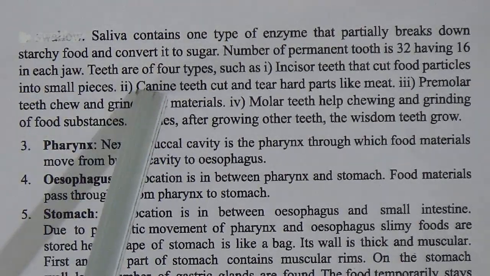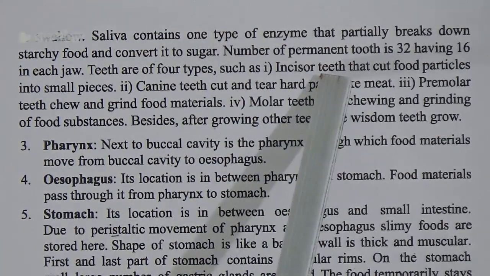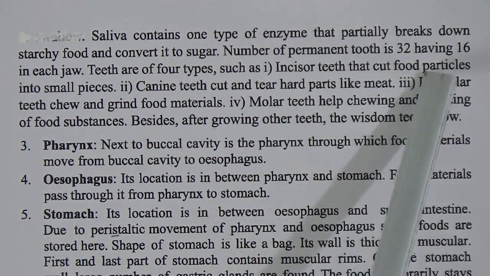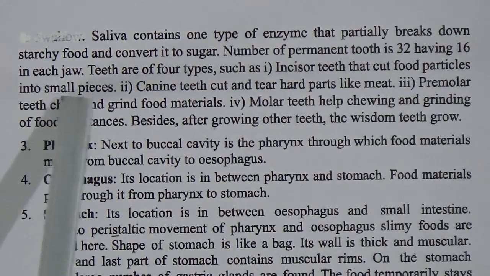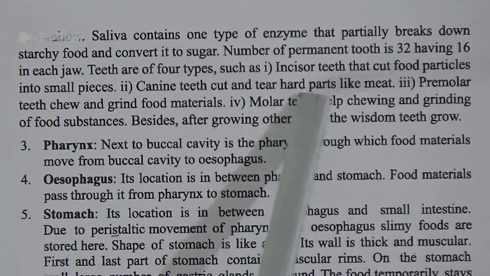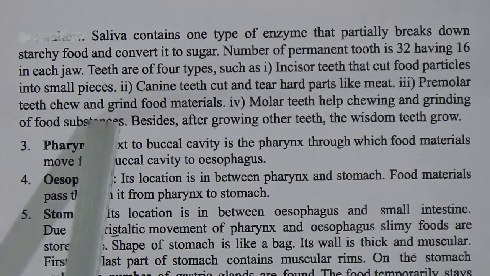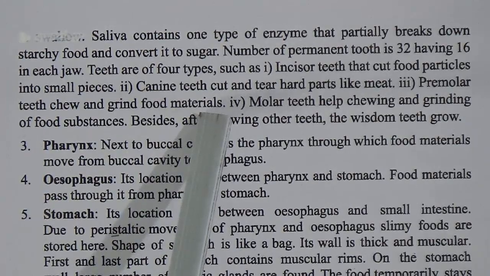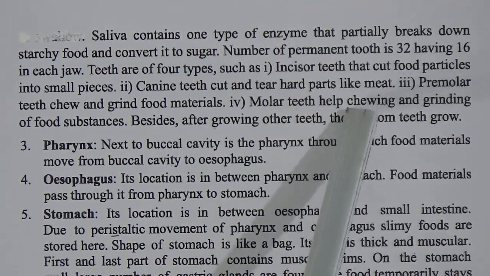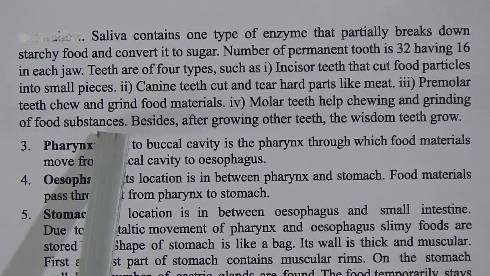Teeth are of 4 types, such as incisors, teeth that cut food particles into small pieces. Canine teeth cut and tear hard parts like meat. Premolar teeth chew and grind food materials. Molar teeth help chewing and grinding of food substances.